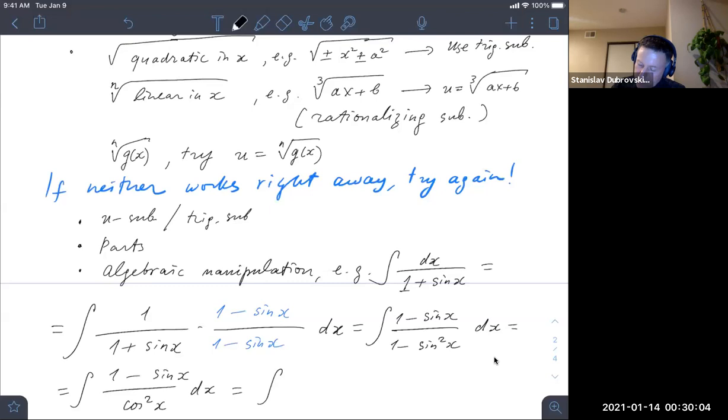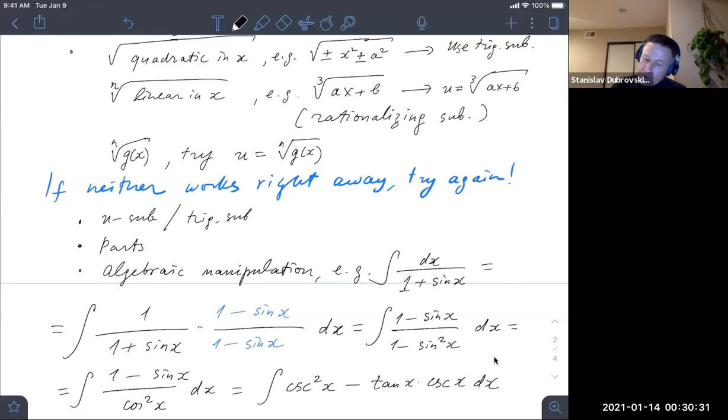So you'll get secant squared x minus tangent x times secant x dx.